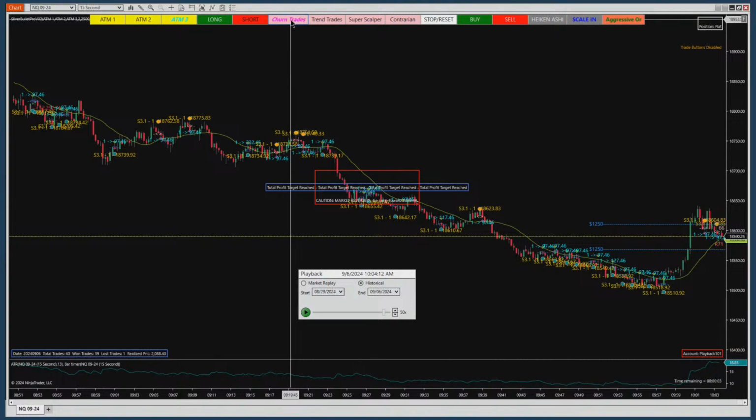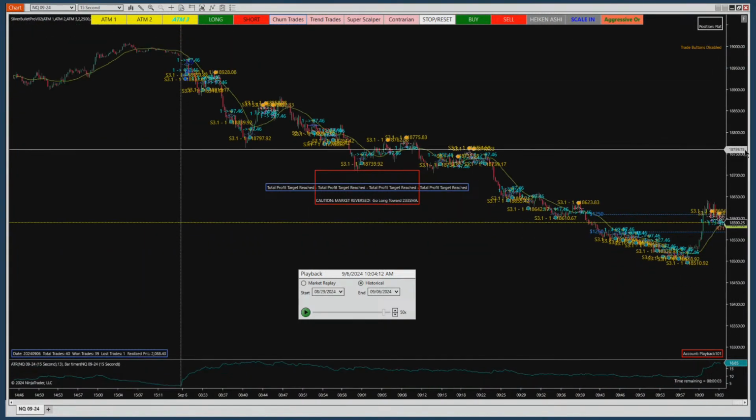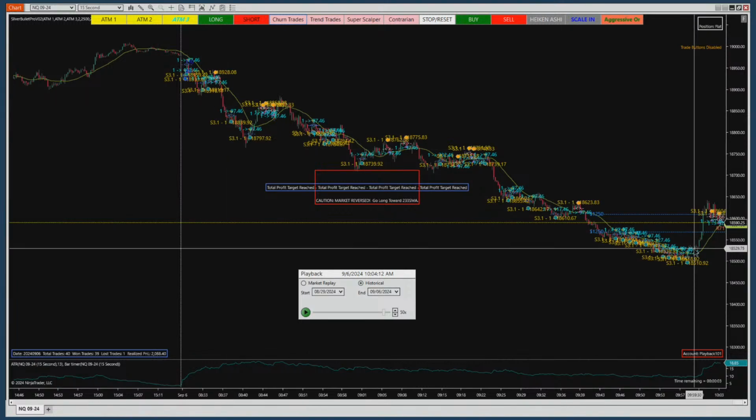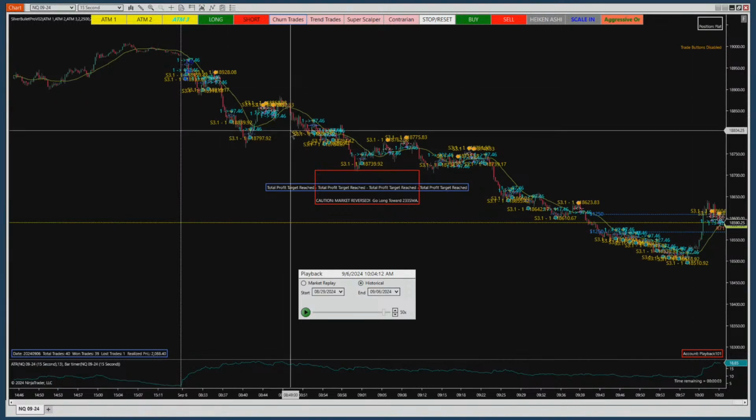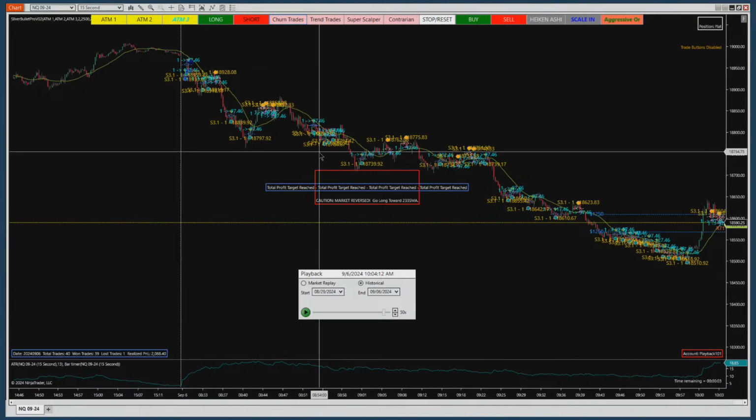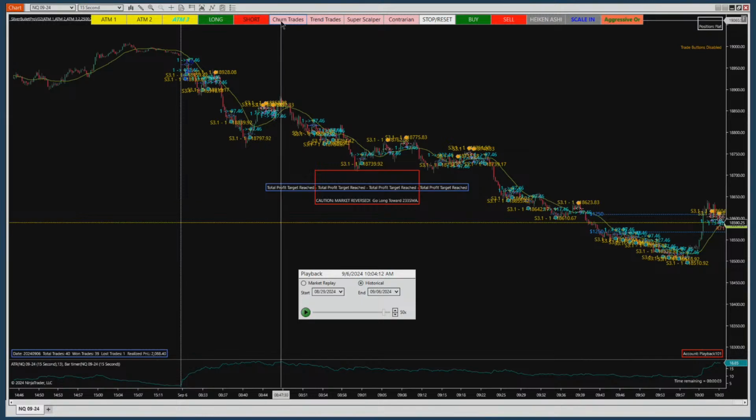What I did not use was churn trades. Churn trades is the strategy for a sideways market. Today's trend was downtrend. In an uptrend or a good downtrending market, churn trades does not work well, or sometimes does not work at all.